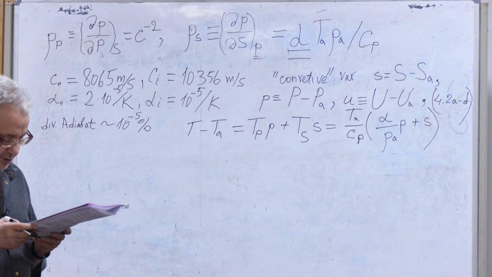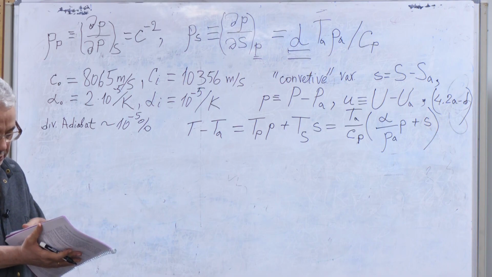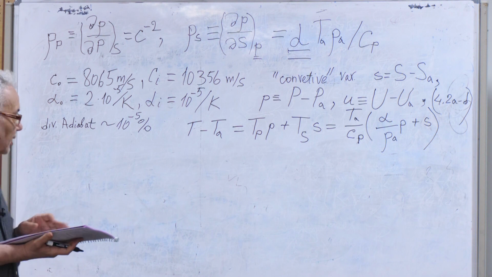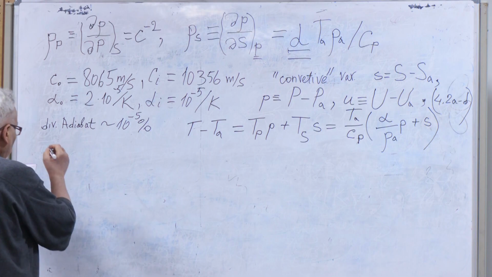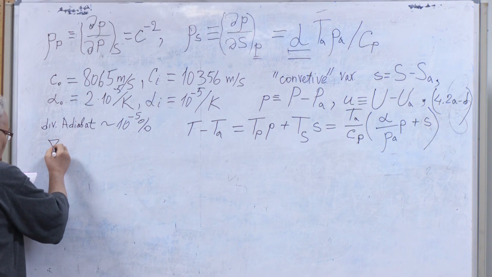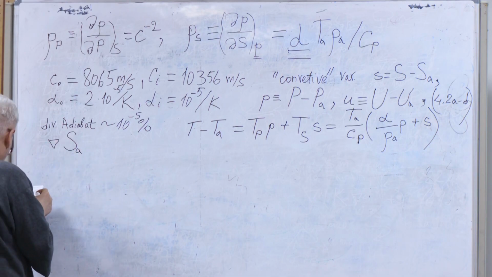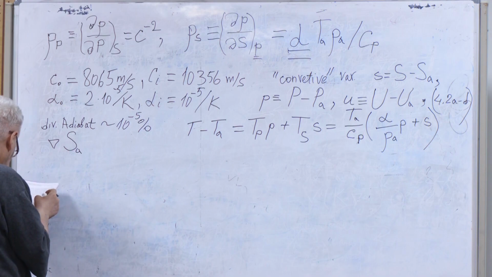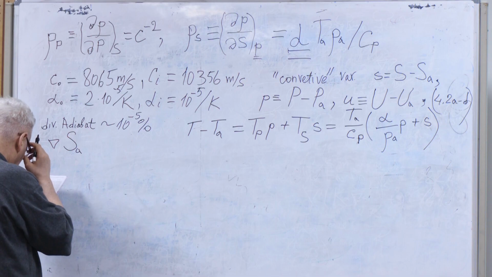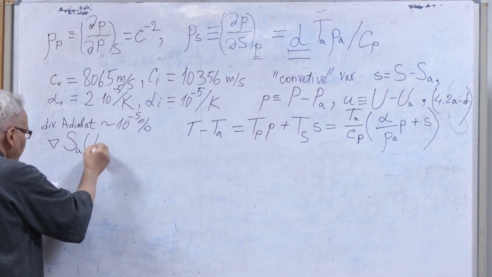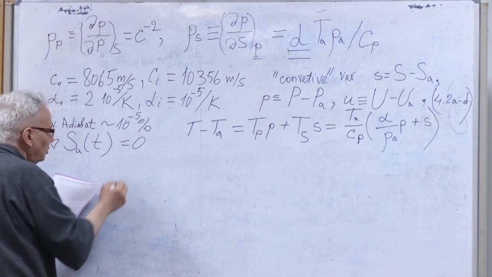And in the adiabatic state the entropy depends only on time. Actually by definition, in the adiabatic state, this is the adiabatic entropy. So if we take the gradient of the adiabatic entropy, it depends actually only on time, so any gradient of the adiabatic temperature is obviously zero.